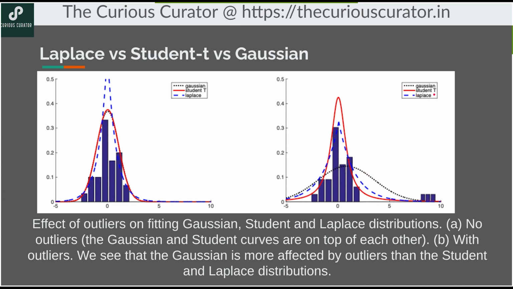But again, you can see Student t and Laplace have not really changed that much. In fact, the mode is almost neighboring the mode of the previous case, right? Of course, the spread will increase a bit because of these outliers, but in the end, Student t and Laplace both are doing a good job of handling outliers.